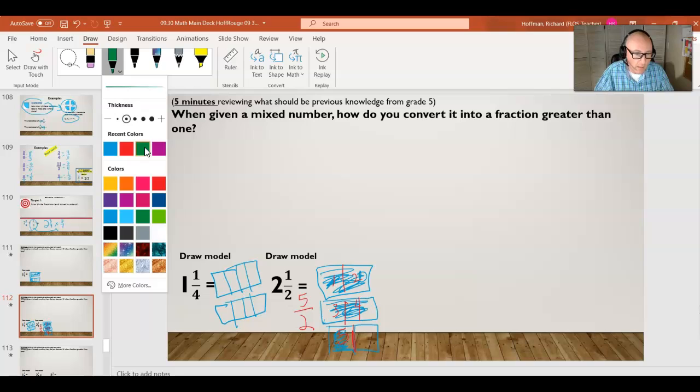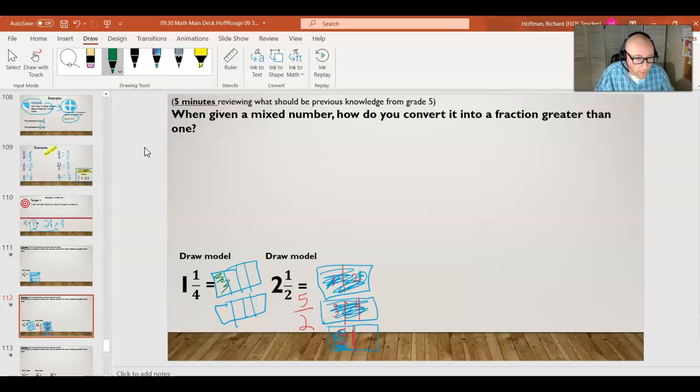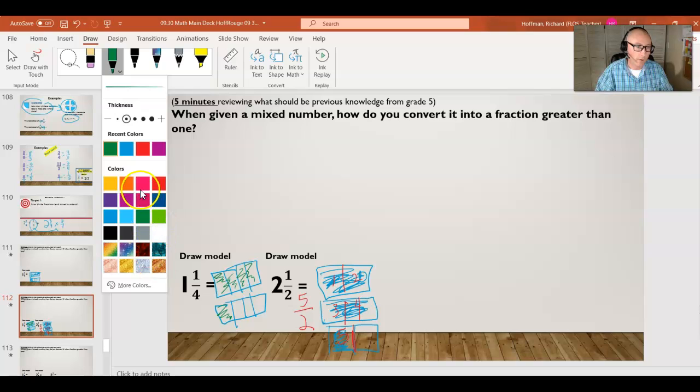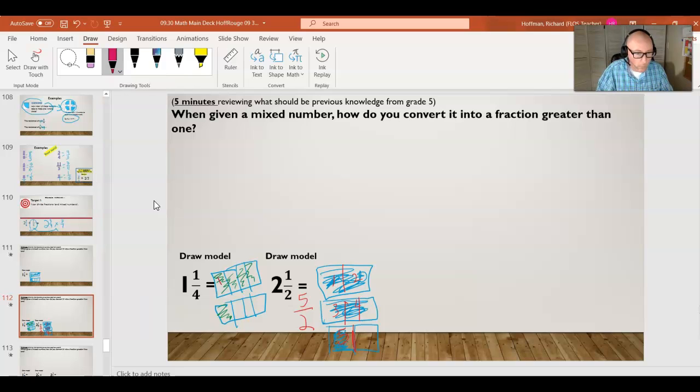So if we shade in here, 1/4, 2/4, 3/4, 4/4, and then 1/4. That's it. So how many total fourths is that? 1, 2, 3, 4, 5/4. So 1 1/4 is the same thing as 5/4.